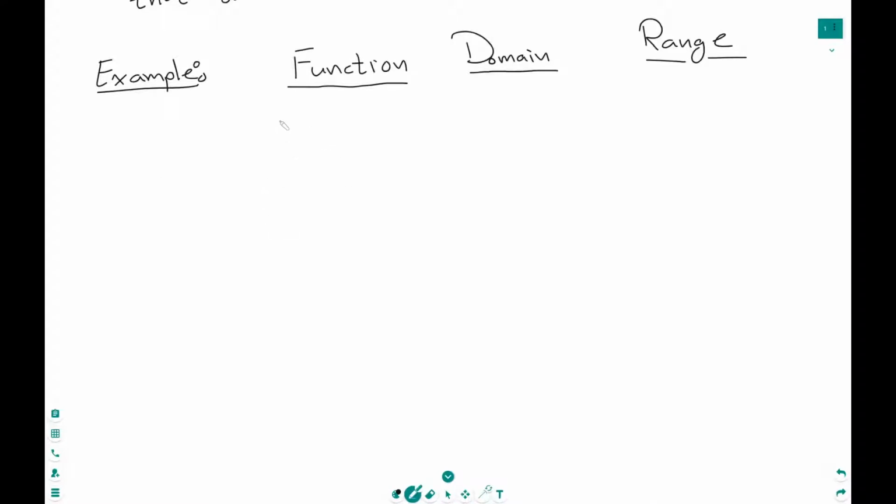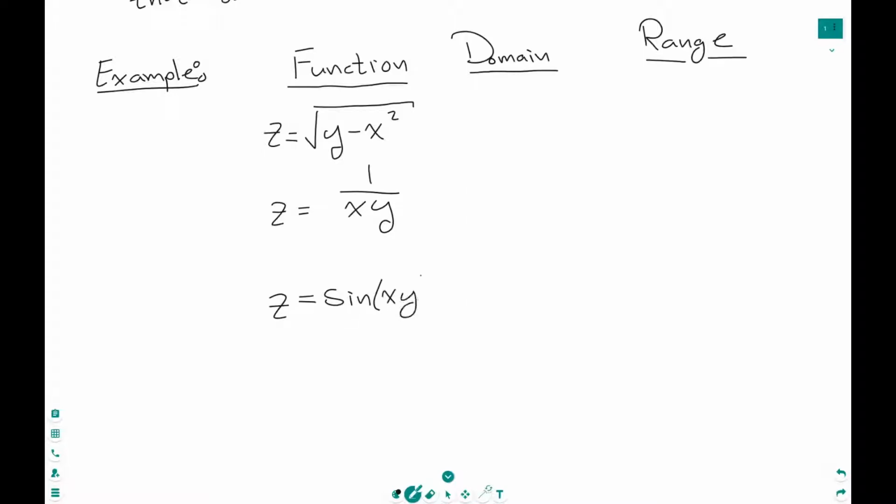So our first function is z is equal to the square root of y minus x squared. Our second function will be z is equal to 1 over x times y. And we'll have one last function where z is equal to sine of x times y.